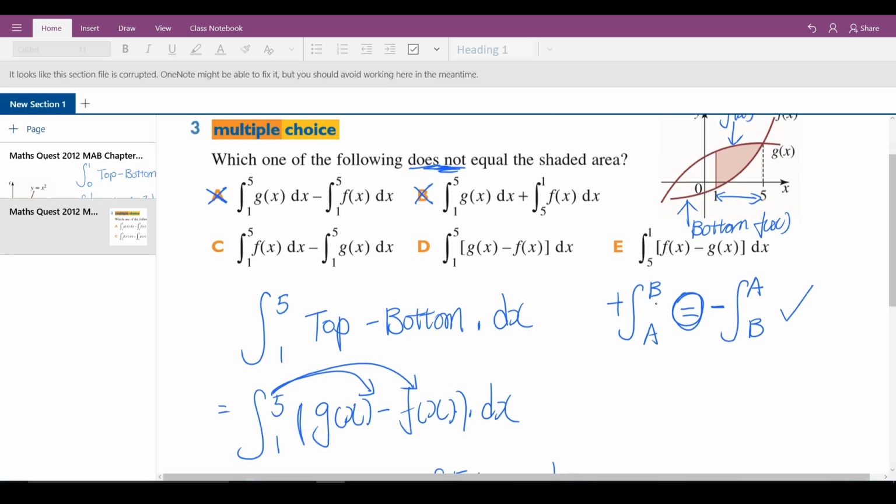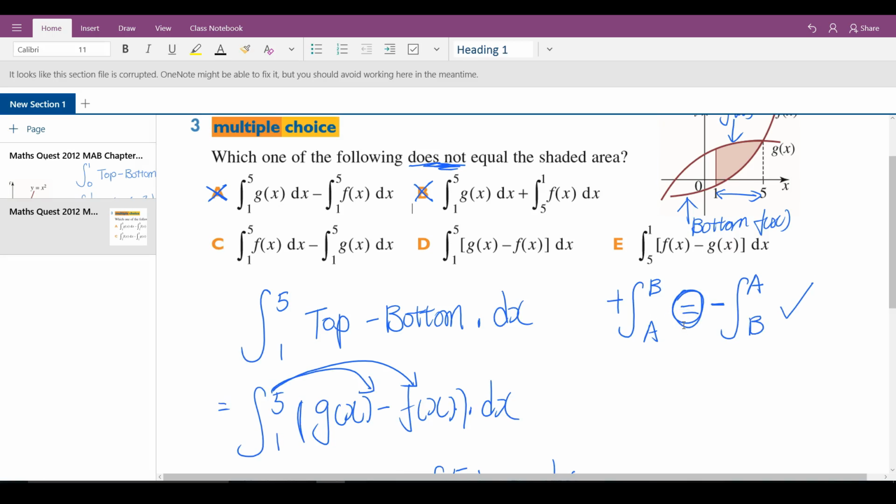All right, let's go C. Now C is literally changing the operation. Remember our correct expression, if you look at option A, the f of x is a negative, integrating from 1 to 5.